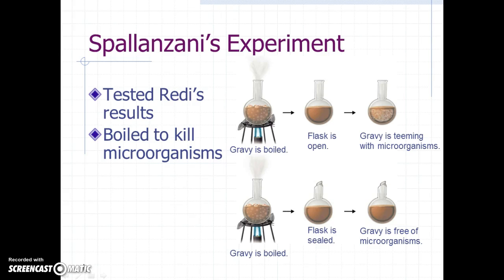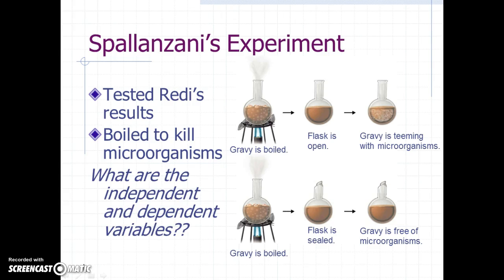Now, the first flask he left open, and within a few days it became cloudy. So it was very full of bacteria and other microorganisms. In the second one, he boiled the gravy, but sealed the flask and found that it didn't become cloudy. There were no microorganisms at all.